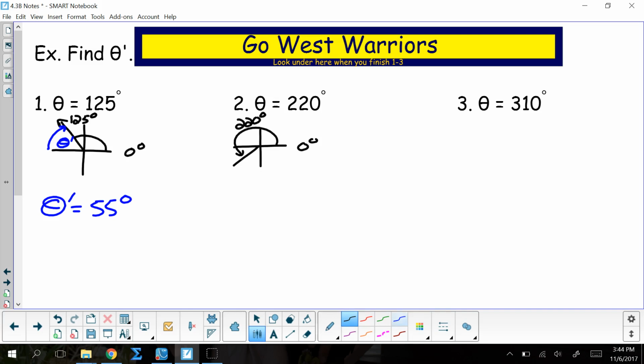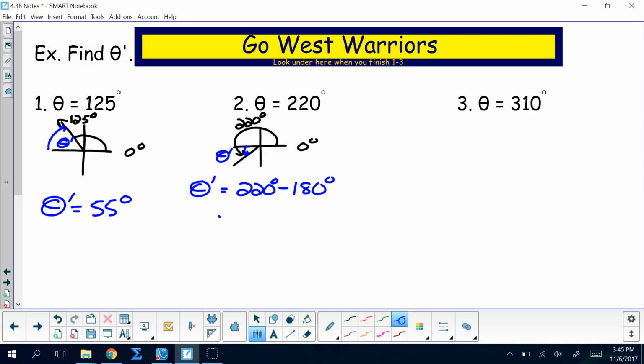Well, my reference angle is going to be in here because it comes off of the horizontal. So in this case, it would be 220 minus 180. So my reference angle here is 40 degrees.